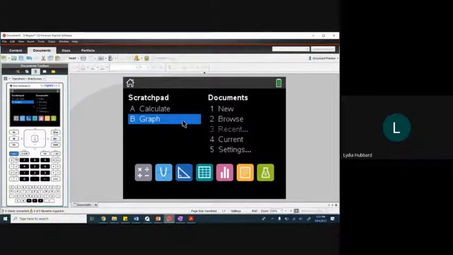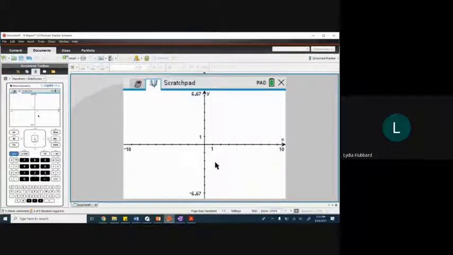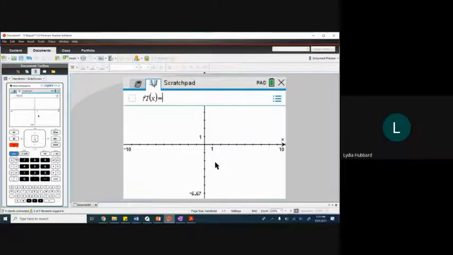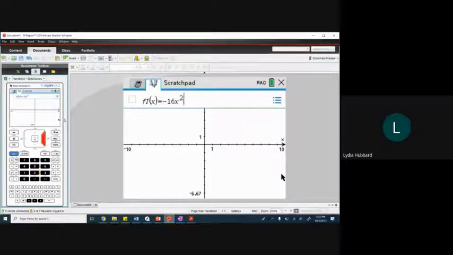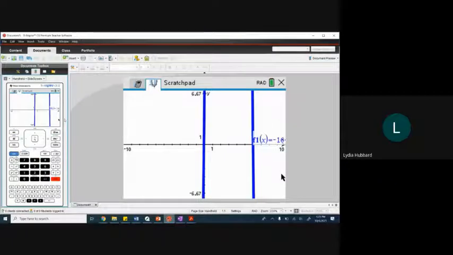We're going to hit graph, and we'll hit tab in order to type in the equation, which we said was negative 16. Instead of t here, we're going to use x. But x squared plus 95x plus 8, and we'll hit enter, and we'll let it graph.